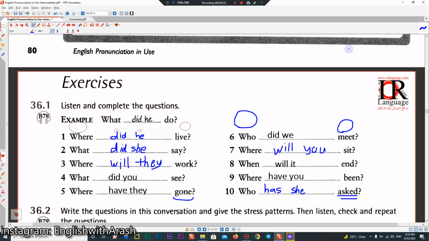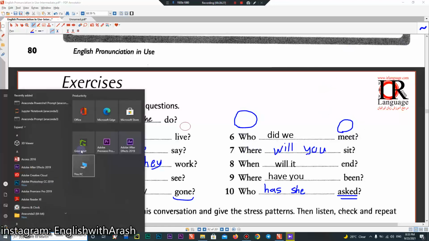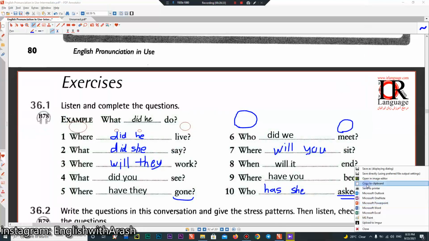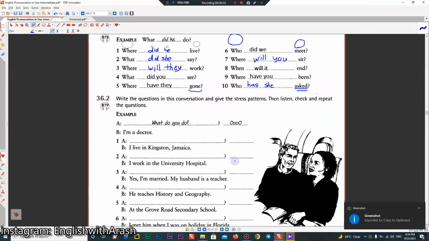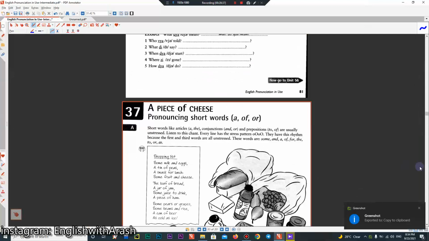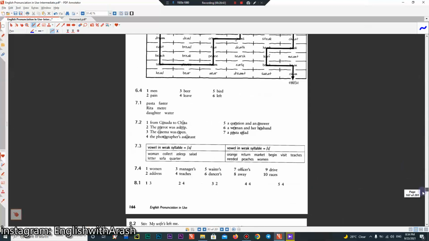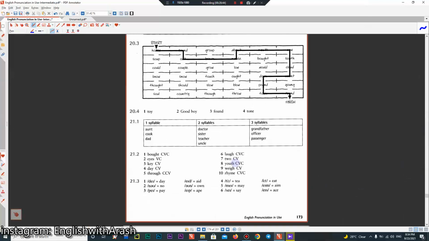Let's check our answers anyway. Let's see if we can check our answers. This is 82. Should go 36. Yes, we don't know what we did.